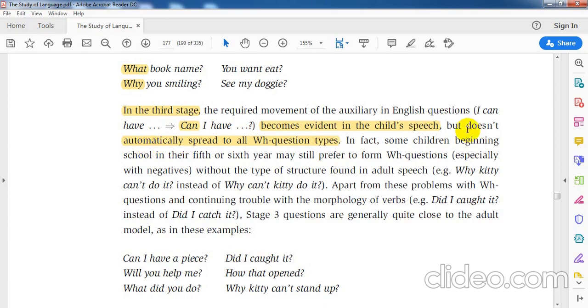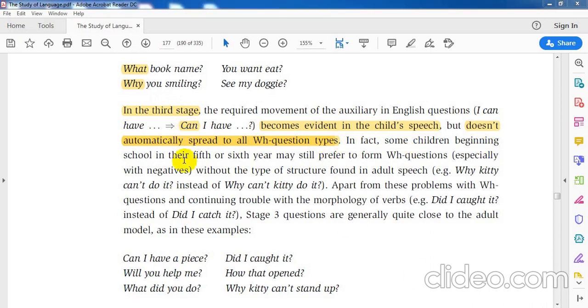As you see, it doesn't spread automatically to all WH questions. Sometimes the child might be able to use them both, but most of the time the child within this age is not able to join the use of WH questions with the auxiliaries to form a question.